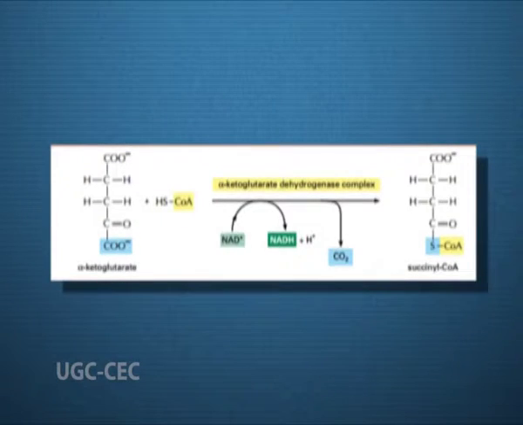This reaction is catalyzed by a multi-enzyme complex, the alpha-ketoglutarate dehydrogenase complex. This enzyme complex is similar to that involved in the oxidative decarboxylation of pyruvate. That is, it requires the same cofactors as the pyruvate dehydrogenase complex, which are thiamine diphosphate, lipoate, NAD+, FAD, and coenzyme A, and results in the formation of succinyl-CoA.